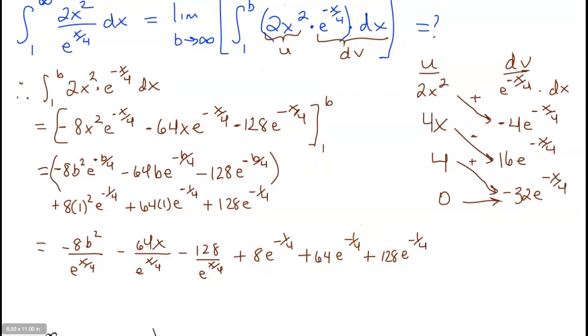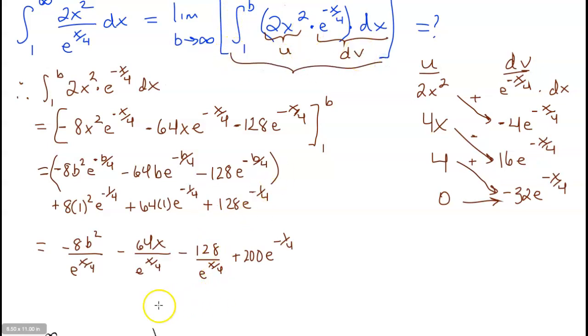So I'm just going to go ahead and rewrite all this here as just a plus 200 e raised to the negative 1/4, and erase all this other stuff here. All right, so this is what everything that is inside of our limit would actually end up being here.